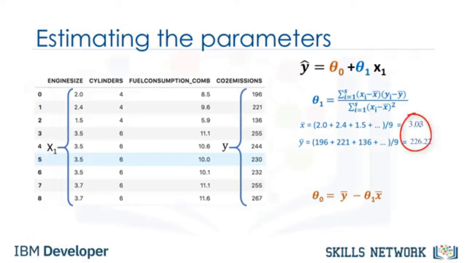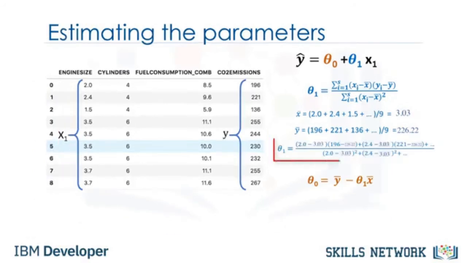First, we calculate the average of x and the average of y, then we plug them into the slope equation to find theta 1. The xi and yi in the equation refer to the fact that we need to repeat these calculations across all values in our dataset, and i refers to the ith value of x or y. Applying all values, we find theta 1 equals 39. This is our second parameter.